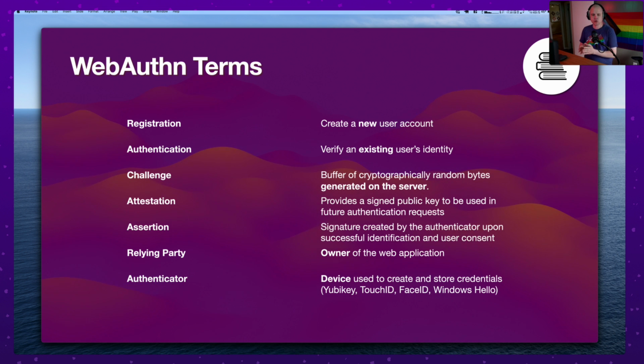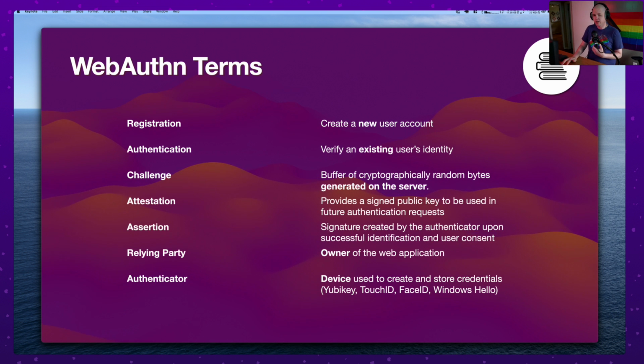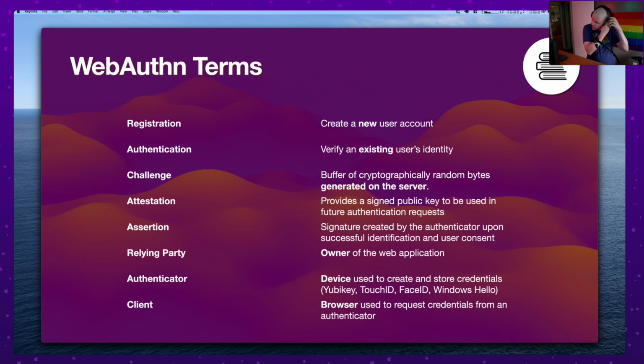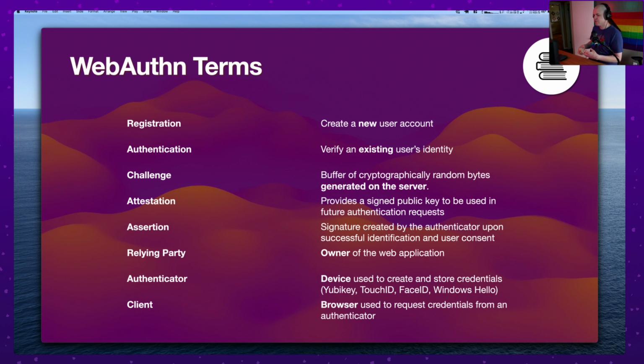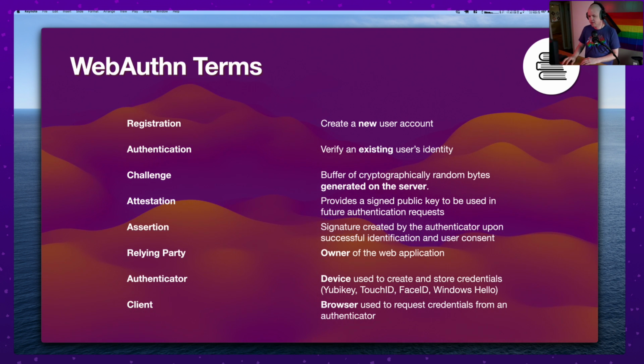It could be your actual phone or laptop. Or, in the near future, like I said, it could be 1Password or maybe LastPass; we'll hopefully be working on something similar as well. And then finally, and this is not all the terms there are in WebAuthn, but these are the ones at the top of the list, the client in this context is the browser, used to request credentials from the authenticator.